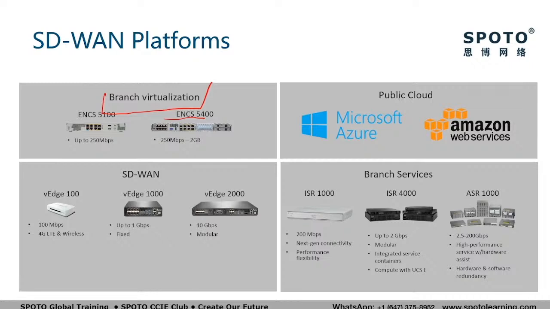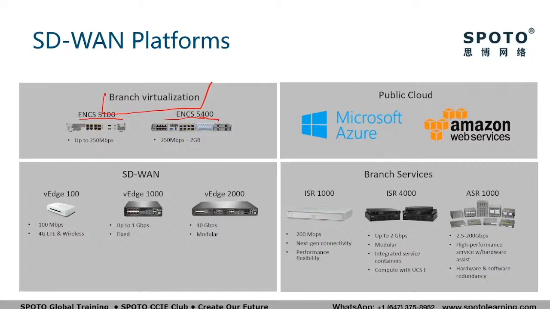The Cisco ENCS is a hybrid platform that combines the functionality of a traditional router and a traditional server with a smaller infrastructure footprint. These 2 models, 5100 and 5400, are both router and server.